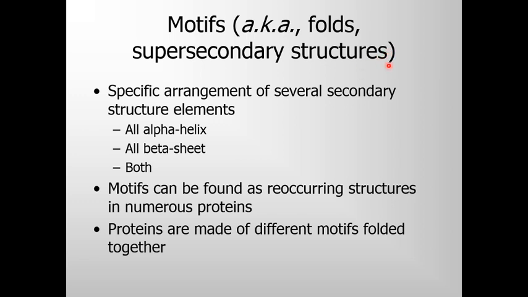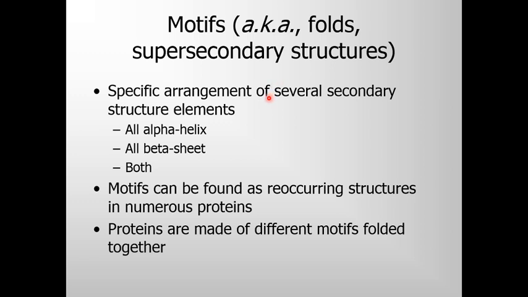A motif or a fold is a recognizable folding pattern involving two or more elements of secondary structure and the connections between them. A motif can be very simple, such as two elements of secondary structure folded against each other and represent only a small part of a protein.